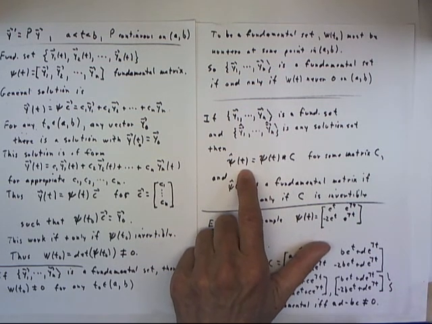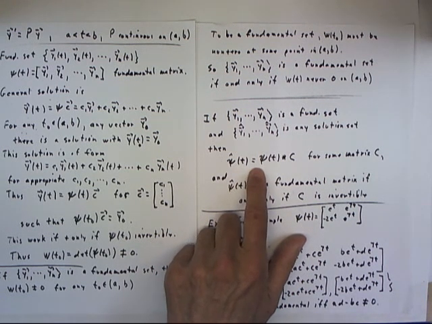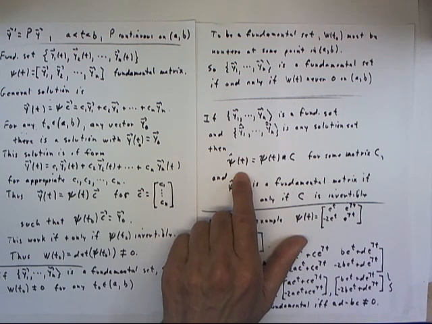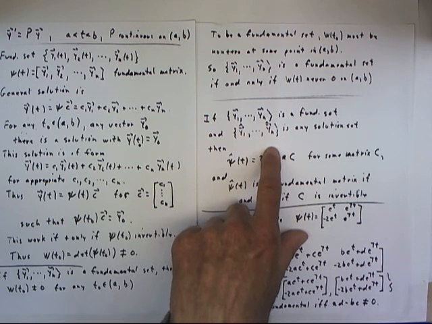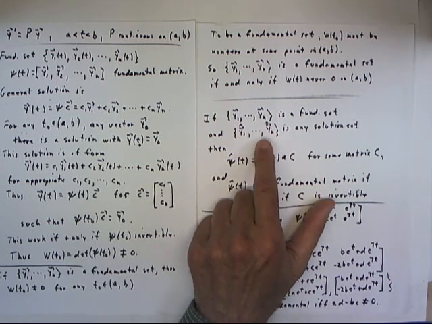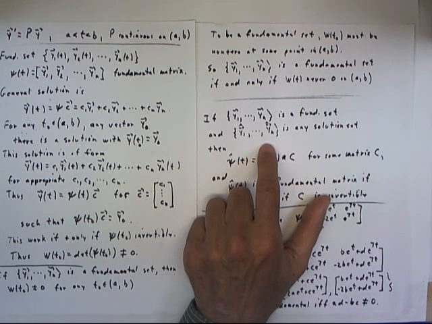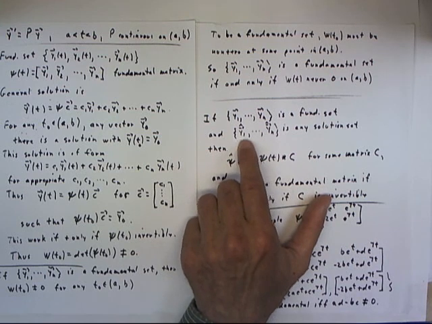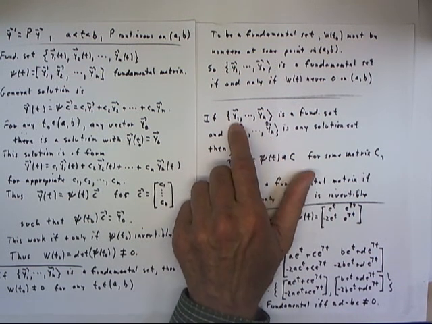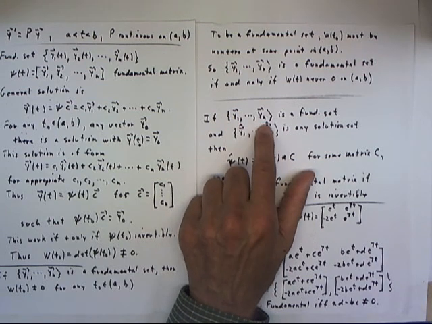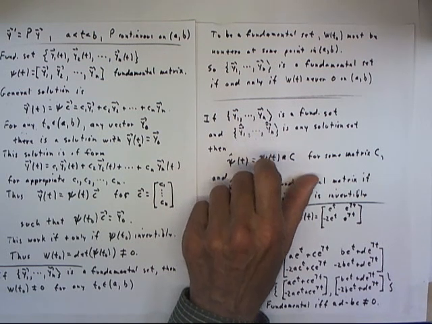Now remember that psi hat of t isn't necessarily a fundamental set, it's just a solution set. So there's no assumption that every solution of the differential equation will be some linear combination of these y hat vectors. We do assume that for the y1 through yn vectors.